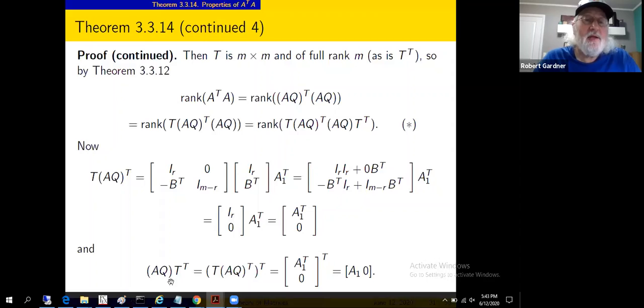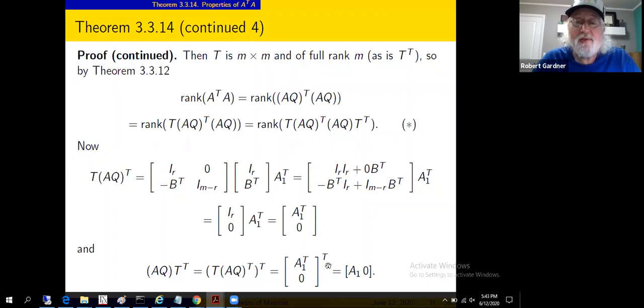If we take AQ times T transpose, the second thing inside that matrix product there, we could rewrite that using transpose. We would do that to get the same kind of thing we had up here. We get T AQ transpose, all transposed. So that's the transpose of what we have up here. So that equals the transpose of what we got here.